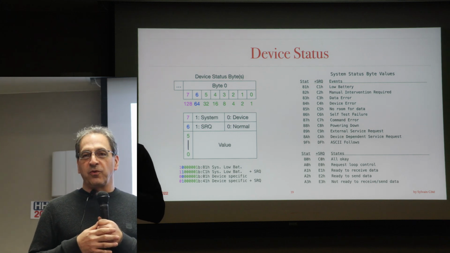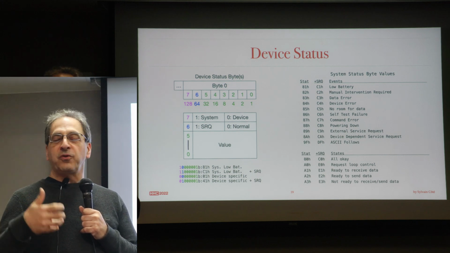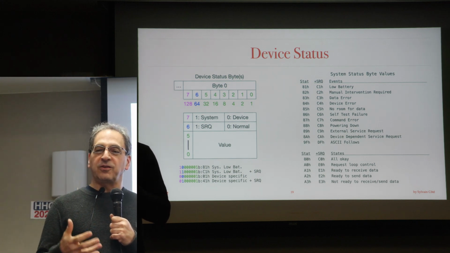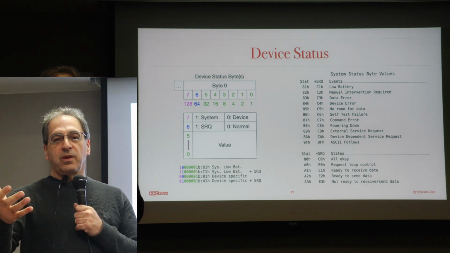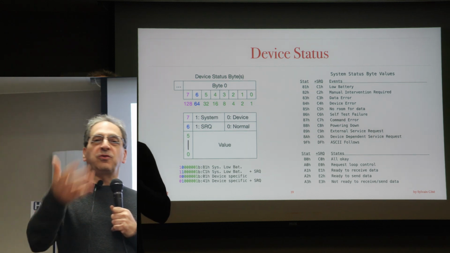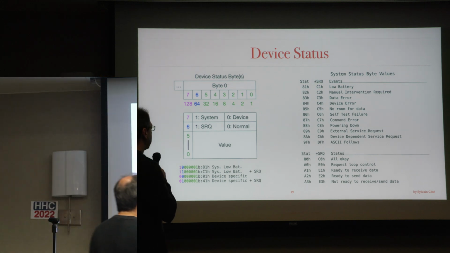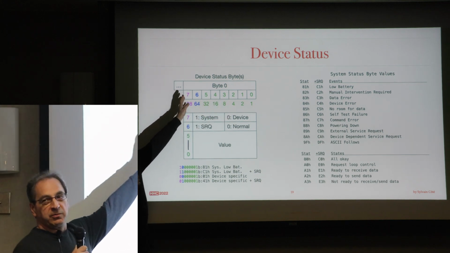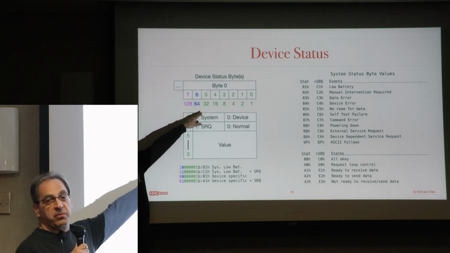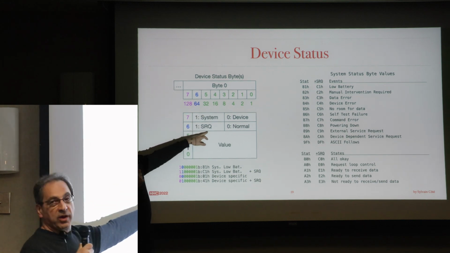It's the way for the controller to send a message and the device to set a status. And for some status, the controller would detect that the device has something to say to the controller. When you set the value, it's 1 byte. It could be multiple bytes, but a 71B only supports 1 byte. And the 6-bit is the service request.